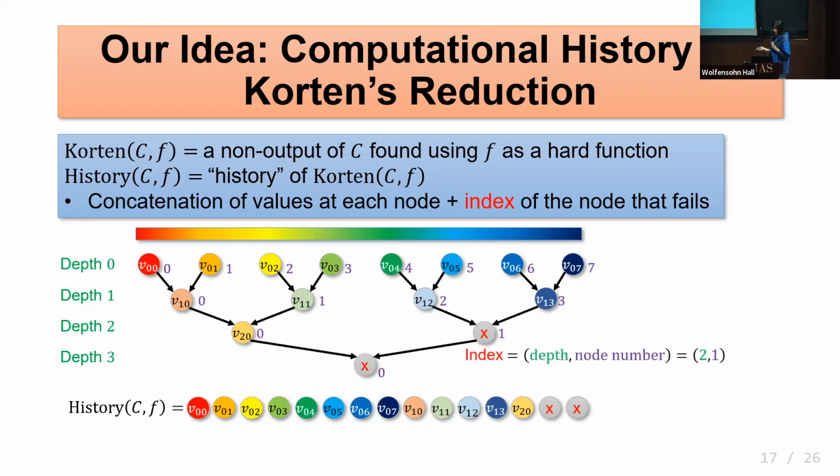Finally, we record the index of the node where we fail into the history. Given the history, it's very easy to compute the output of Korten. You just look at the index, and the index tells you where it fails. Then you can find a non-output of the circuit.